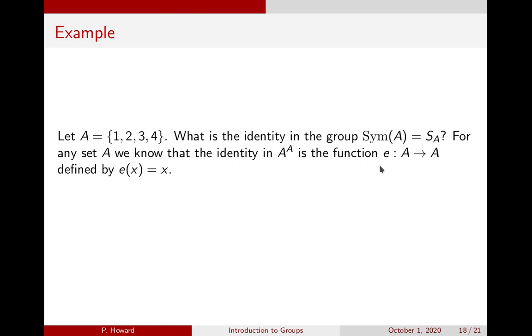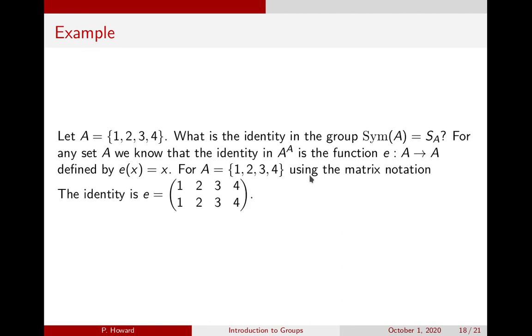It's the function e from A into A defined by e of x equals x for all x in A. So the identity element in A to the A, if A is the set 1, 2, 3, and 4, using matrix notation, is the function that sends 1 to 1, 2 to 2, 3 to 3, and 4 to 4.